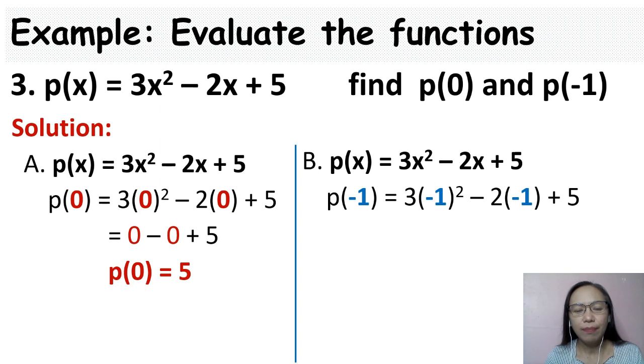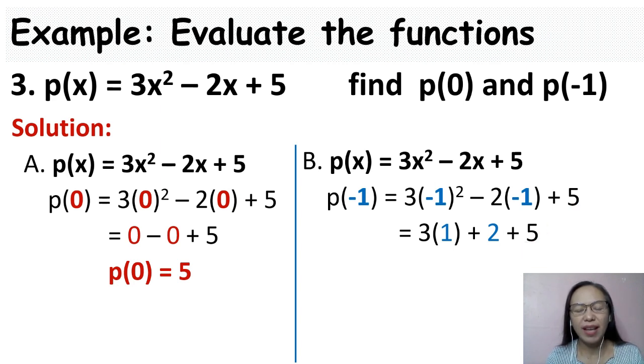So you have now p of negative 1 equals 3 times negative 1 squared minus 2 times negative 1 and then plus 5. Applying the operations, we start with the square. So negative 1 squared becomes 1. Then negative 2 times negative 1 is 2, and then we bring down 5.